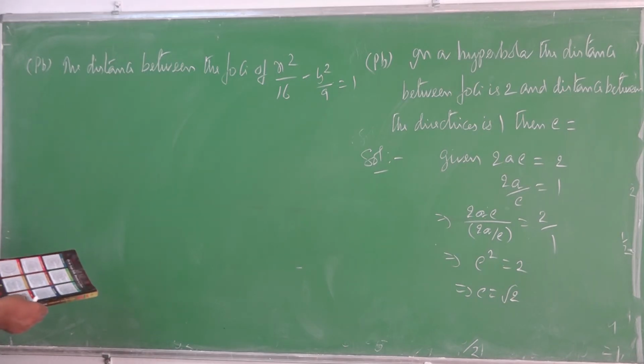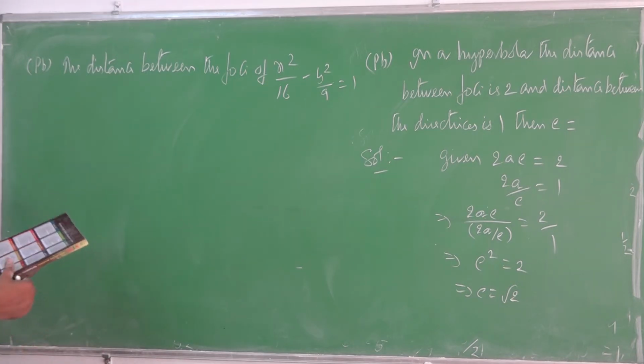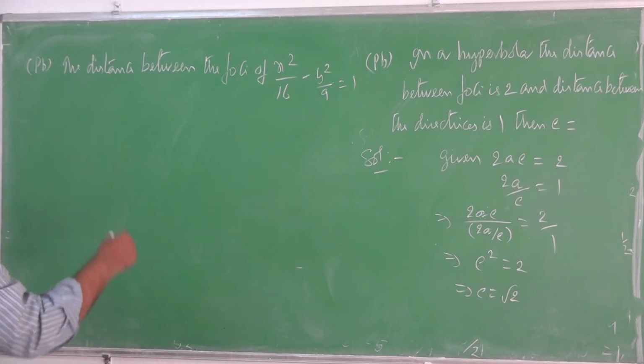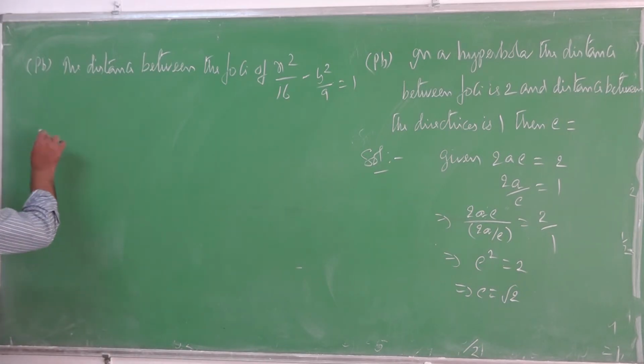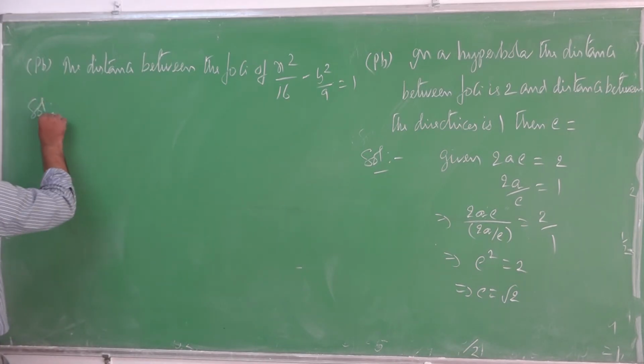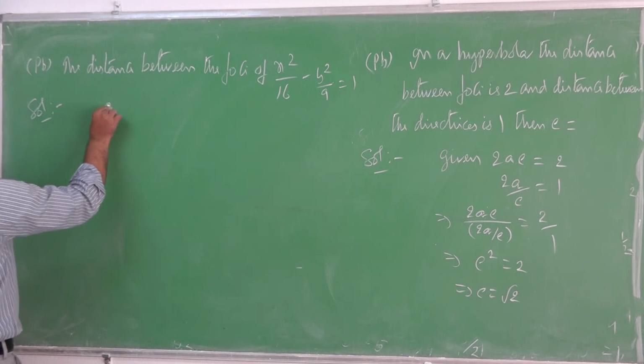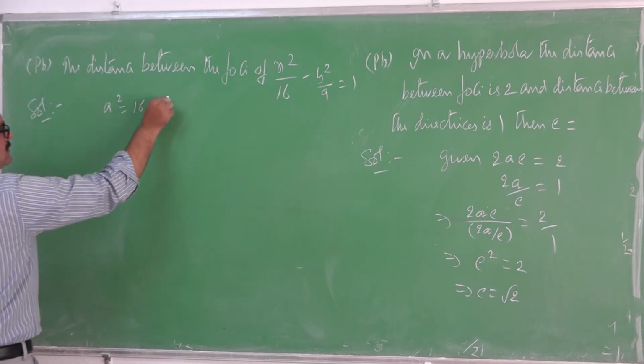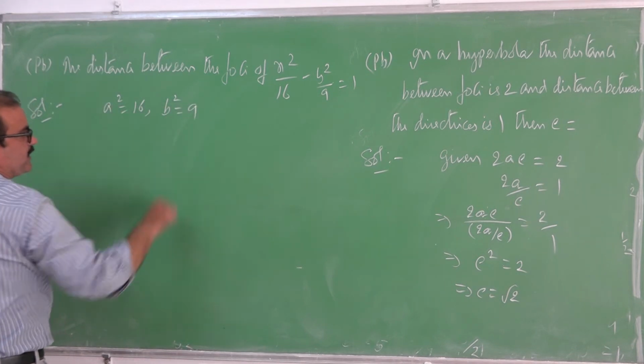We already discussed distance between two foci is 2ae. First we find eccentricity of that hyperbola. What is a square? Given 16. What is b square? 9.